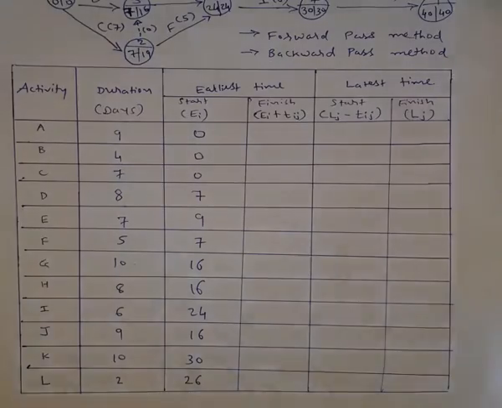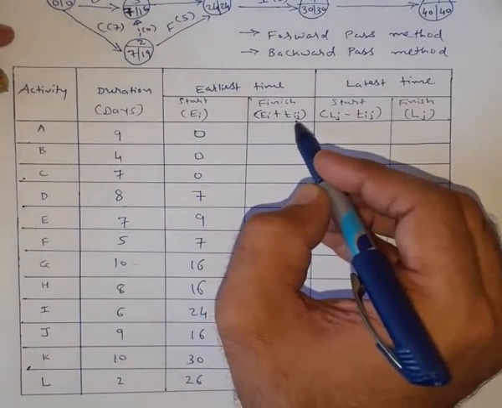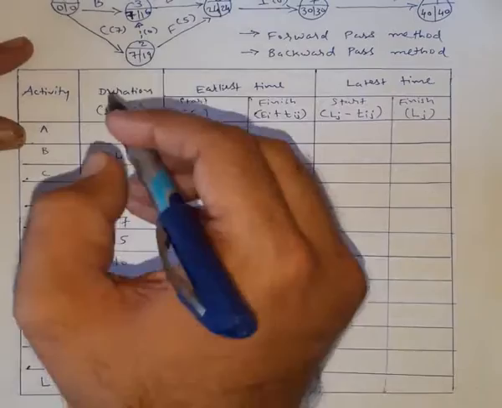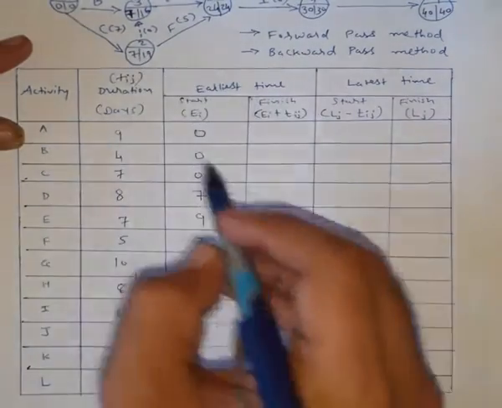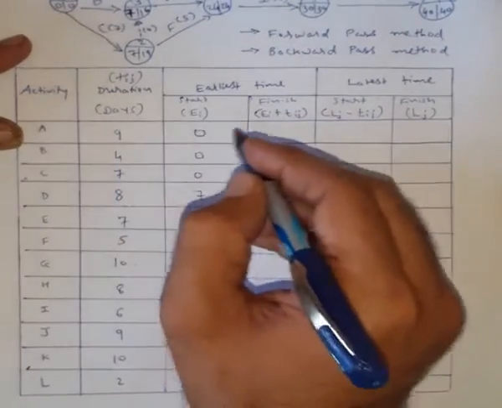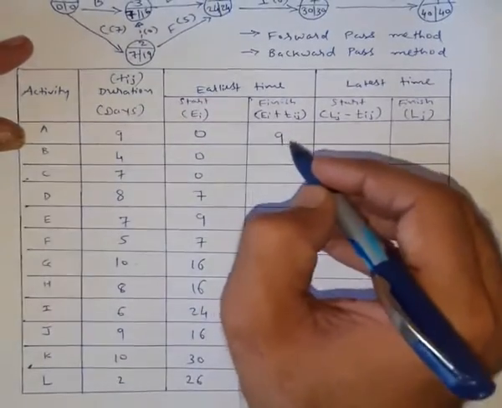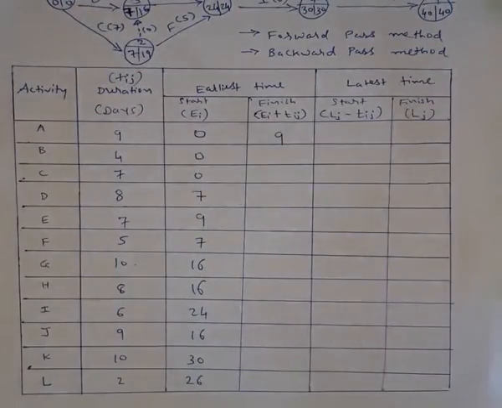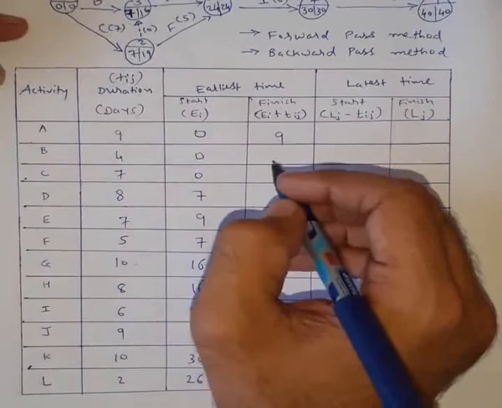Now to find out the earliest finish time, the formula is EI plus TIJ, where TIJ is the duration of the activity. So for activity A, that is EI plus TIJ, EI is 0 and TIJ is 9, so the earliest finish time is 9. For activity B, it is 4 plus 0, so it is 4.